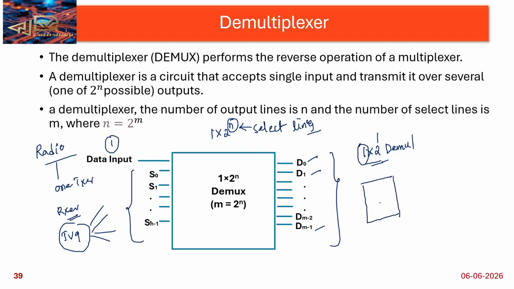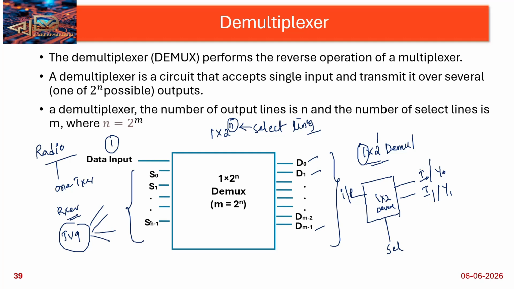The input is my data input, and there is one select line, and two outputs I am getting, I0, I1, or you can consider Y0, Y1.